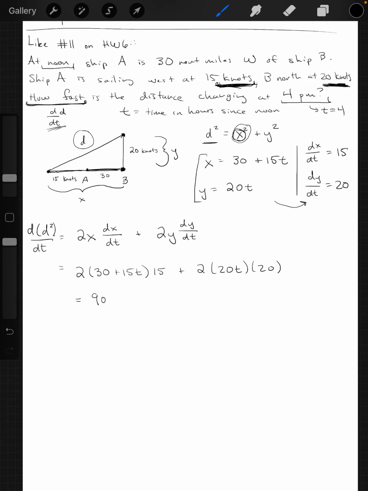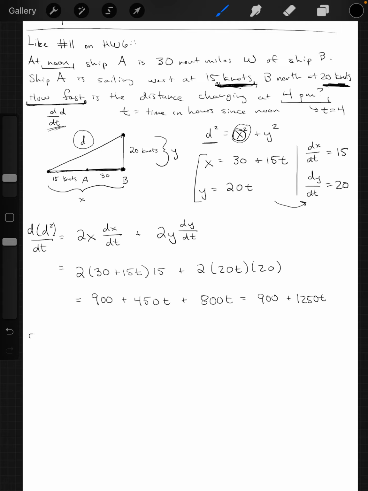Let's see, we've got 900 plus 450t, I think I got that right. Yeah. Plus 800t equals 900 plus 1250t.